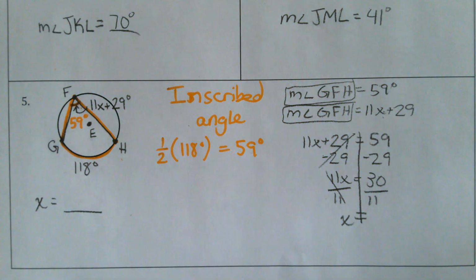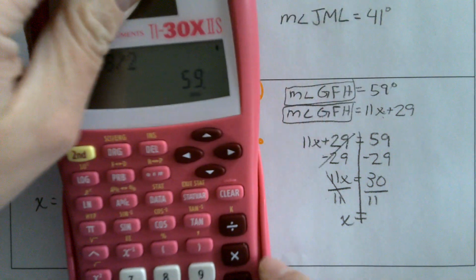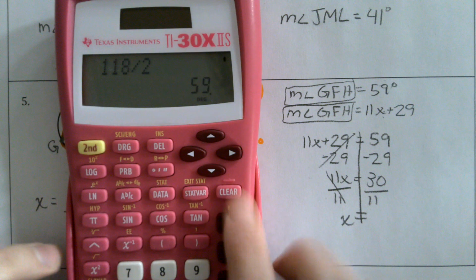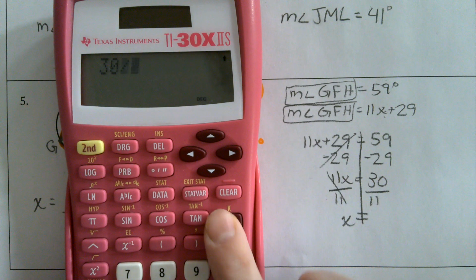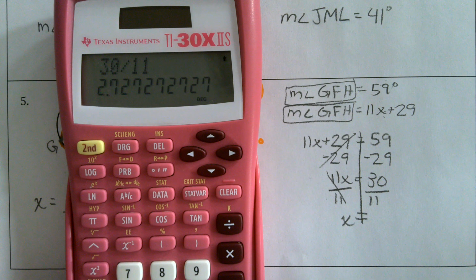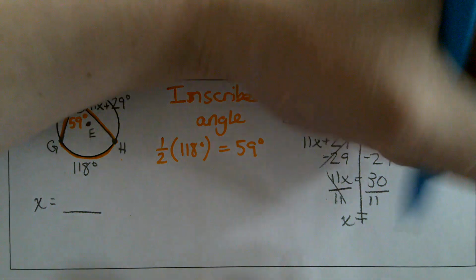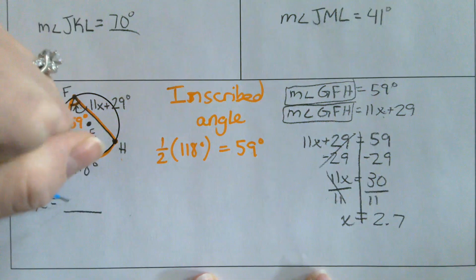X equals, I think this is going to be 2 point something. Okay, and for this one, round to the nearest tenth. The tenths place is the 7. So 2 is not big enough to bump this up. So 2.7 is our answer. So x equals 2.7.